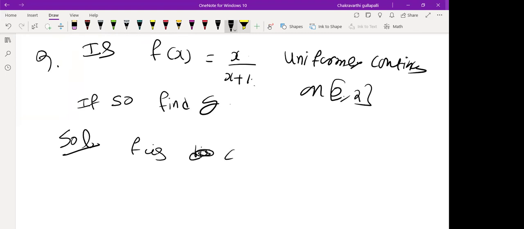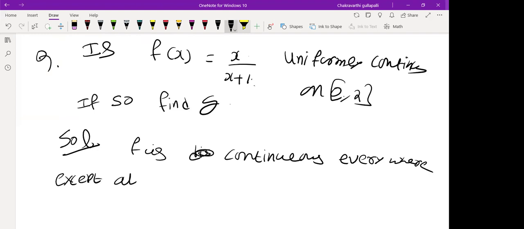F is continuous everywhere except at x equal to minus 1. Is minus 1 in this interval?